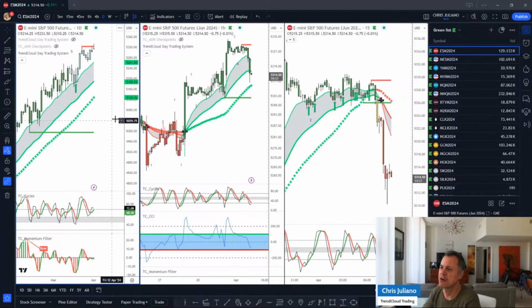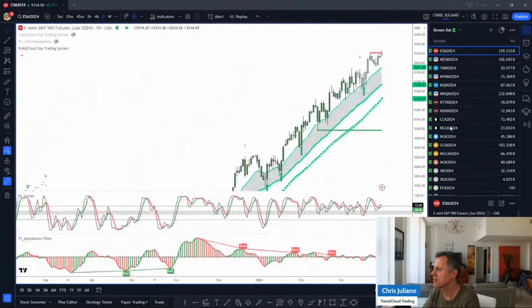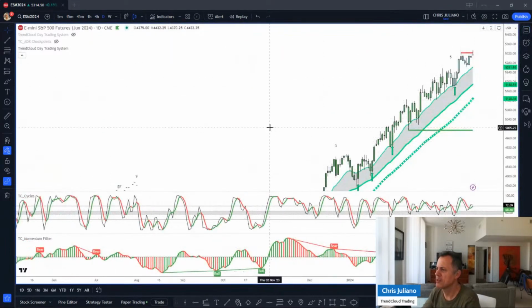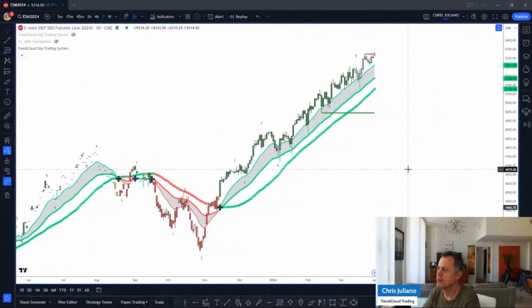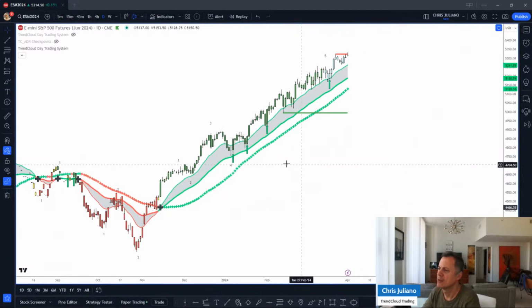Look at the daily chart on the S&P here. Let's open this up. I mean, every single one of these TrendCloud signals really brought us right to the top. You need to understand how price action moves inside of TrendCloud, okay?